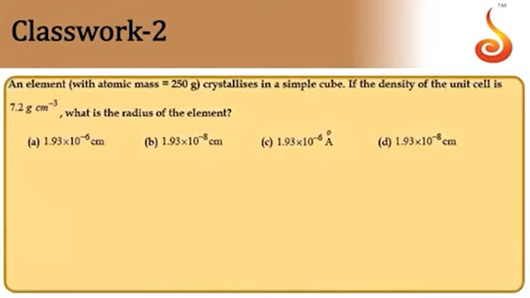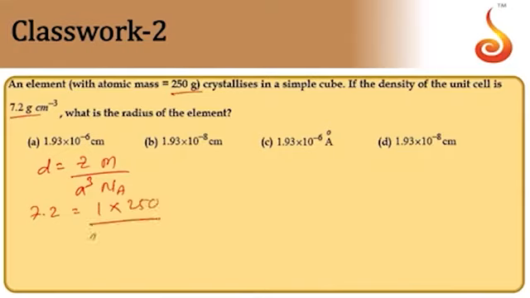Let us see. Density is equal to Z into M by a cube into Na. Density is given 7.2 is equal to Z value is 1 into molar mass 250 by a cube, Avogadro's number, 6 into 10 to the power of 23 we have.